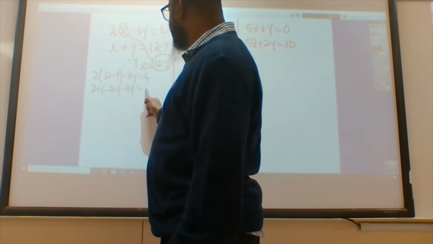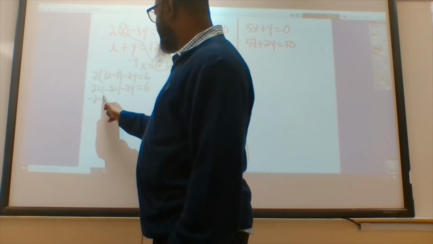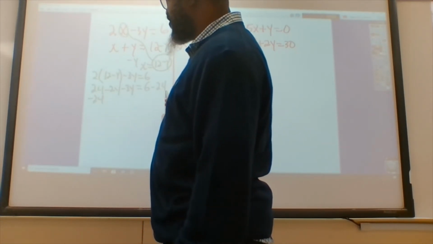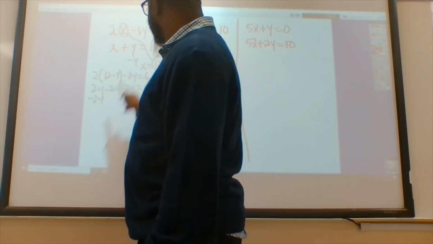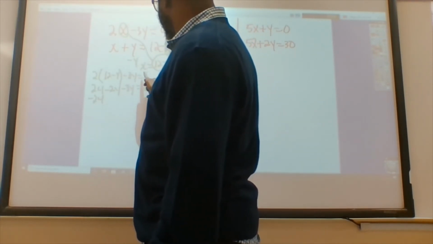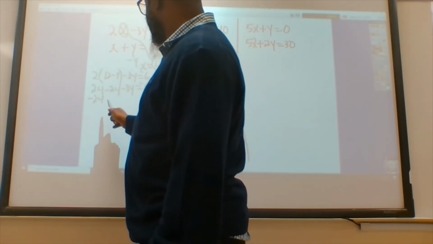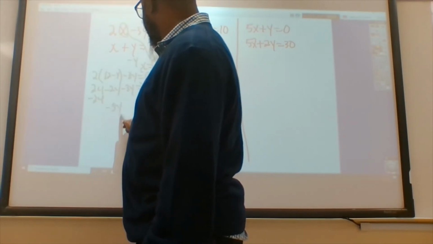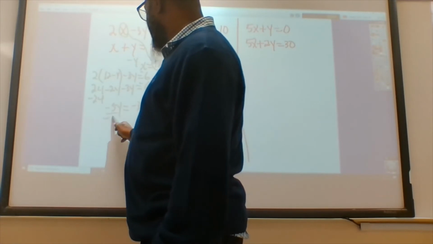You subtract 24 on each side. Therefore, you will, I made a mistake. This was supposed to be negative. That's negative. And you will have negative 5y is equal to negative 30, divided by negative 5, divided by negative 5.